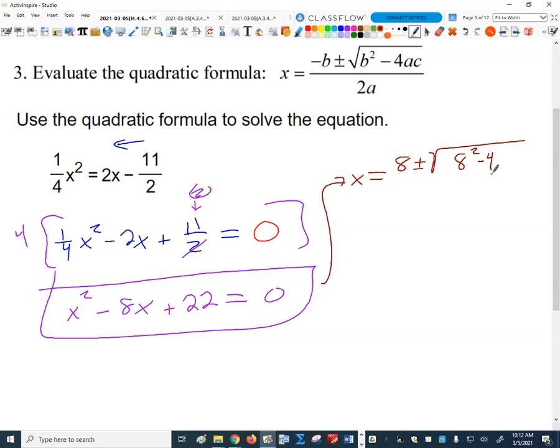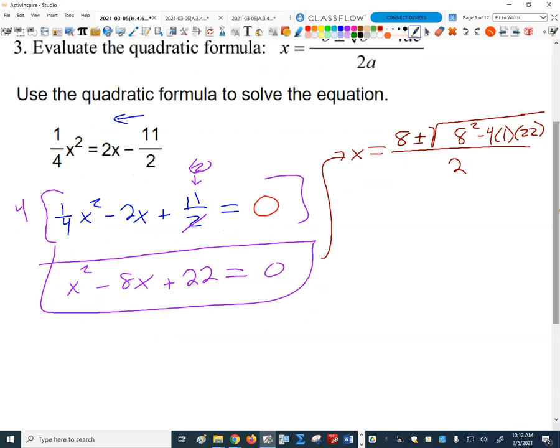minus 4 times a, which is 1. I don't even have to write the 1, but I will this time, times c, which is 22. All of that is divided by 2 times a, which is 2 times 1, so it's all over 2. Now I just have to simplify that. It works out to be the same process every time, so you get real good at this real fast. For one thing, we could split this into 2 parts.